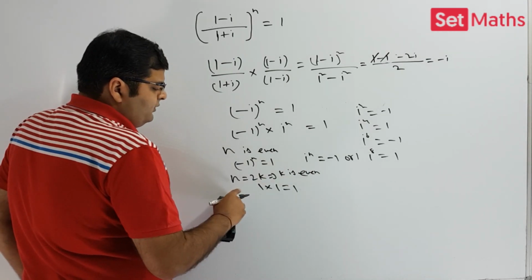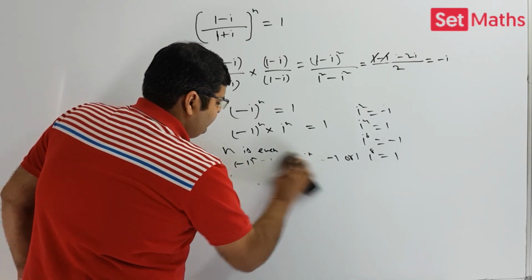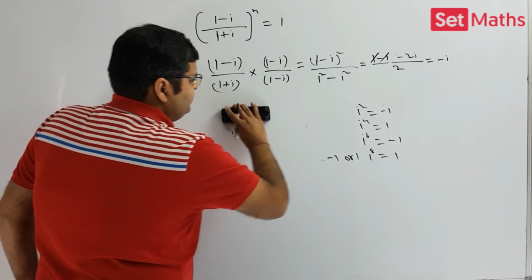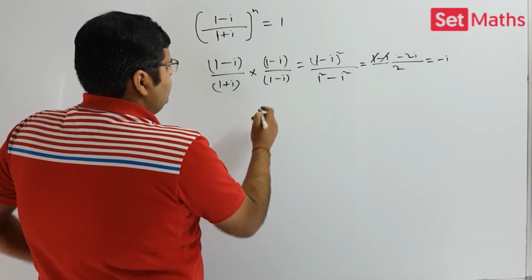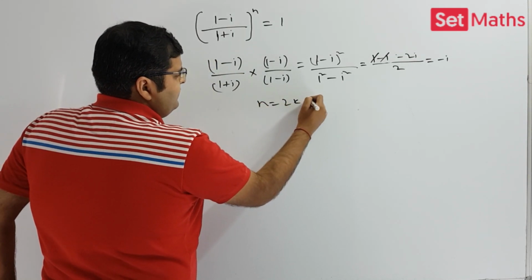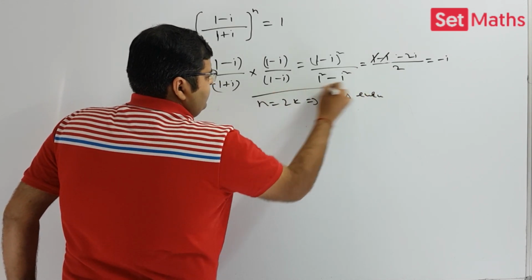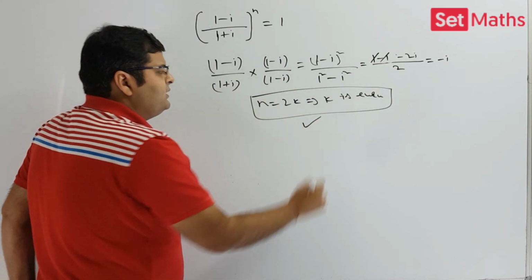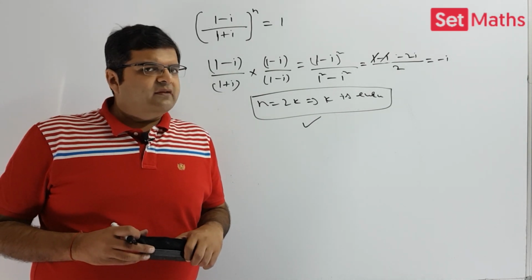So what we conclude is n is equal to 2k and k is even. That is the answer to the question. So n equals 2k where k is even is the answer. That is how we solve this question.